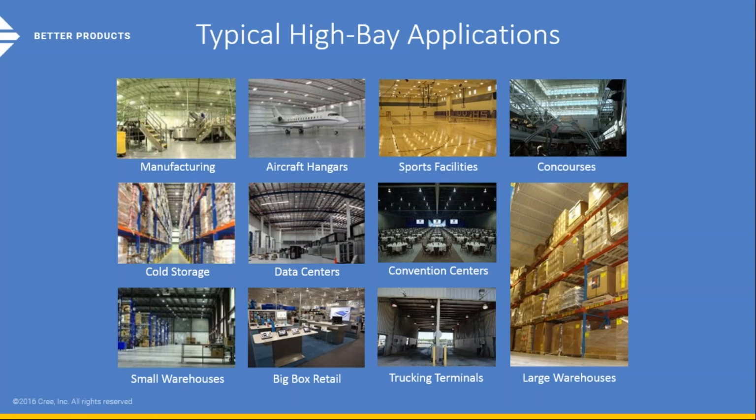Something else to consider as you identify your application is whether vertical light is critical or whether clarity in the light is more critical to your specific needs. There are many different types. If you look from top to bottom, manufacturing all the way through concourses, sports facilities are becoming really popular in the discussions of high bay applications.